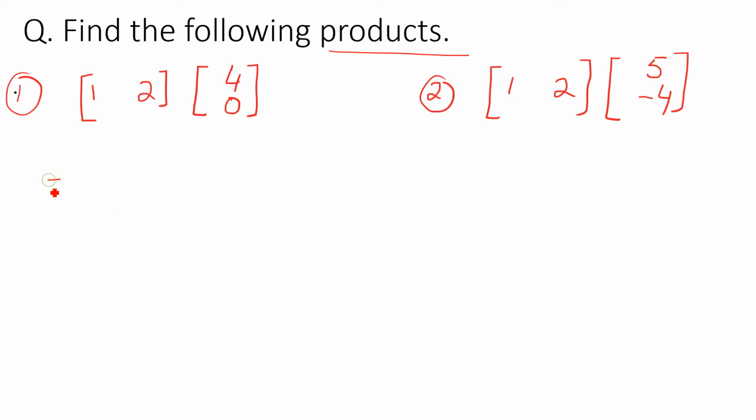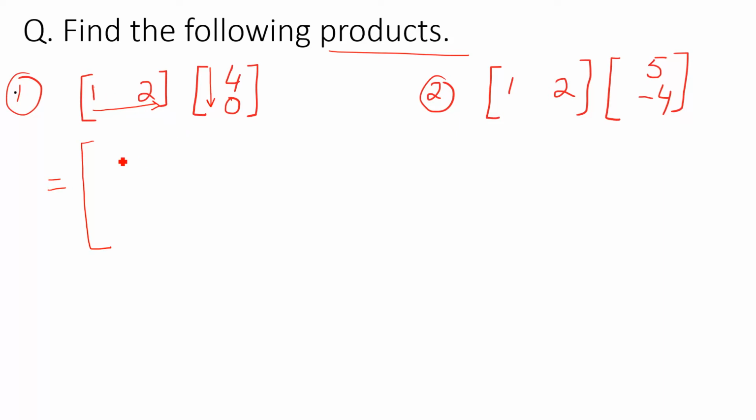So how we will do multiplication? These are the simple questions. As we move on to the next lesson and so on, then a little more difficult questions will come, but I will try my best to make it very easy. So first you have to multiply this row. This is called a row. You have to multiply row with column.